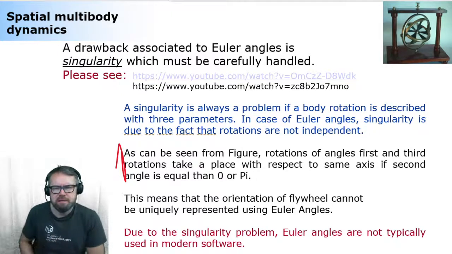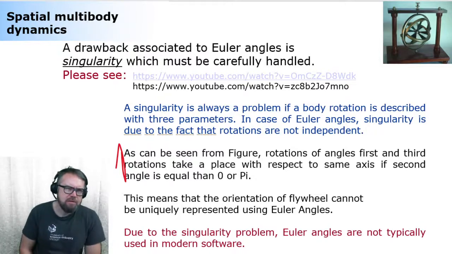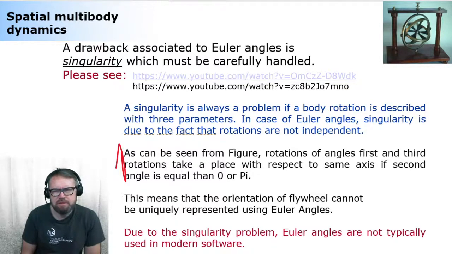And this means that there is this locking, this gimbal locking, which we will take a look at in the animations momentarily, or I'm going to offer you more links so you can familiarize yourself with gimbal locking. This gimbal locking is not a mechanical lock.